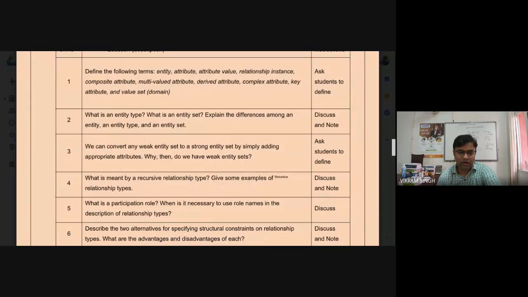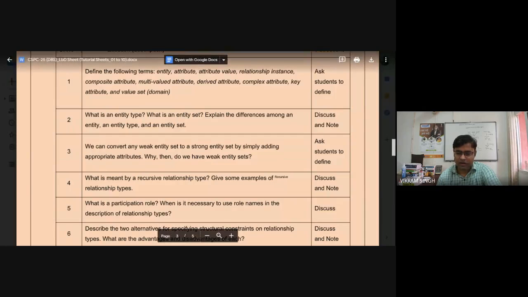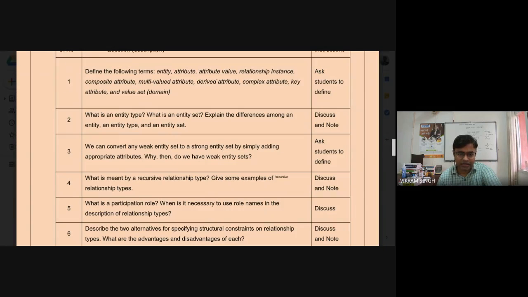Okay, what is the entity type, what is entity set, explain the difference. The entity type is basically referred to as an entity only. Why do we say entity type? The entities we draw, like we drew an entity employee, we call it an entity, but the appropriate term is entity type actually, right?